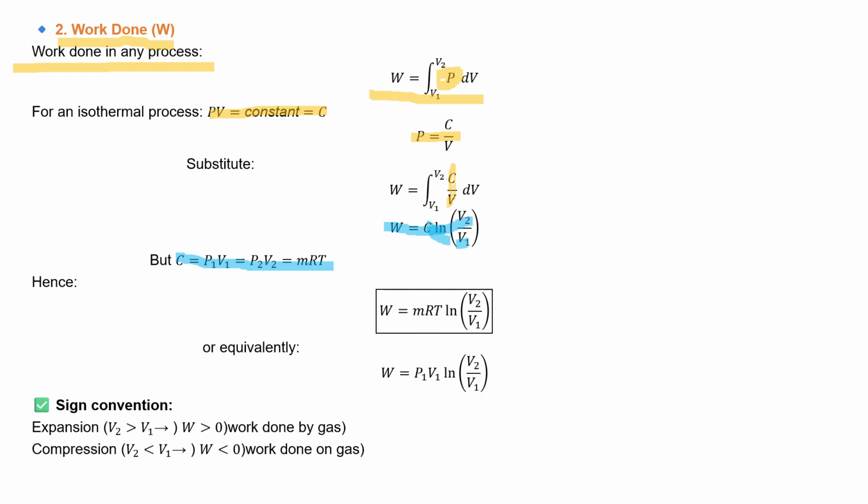So instead of C in this equation, we can write MRT ln(V2/V1), or MRT can be replaced by P1V1 or by P2V2. So I can write W = P1V1 ln(V2/V1), or it is MRT ln(V2/V1).